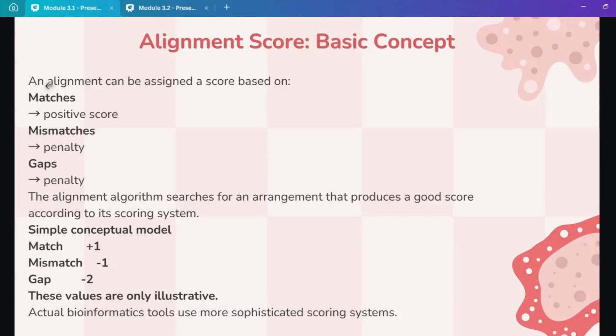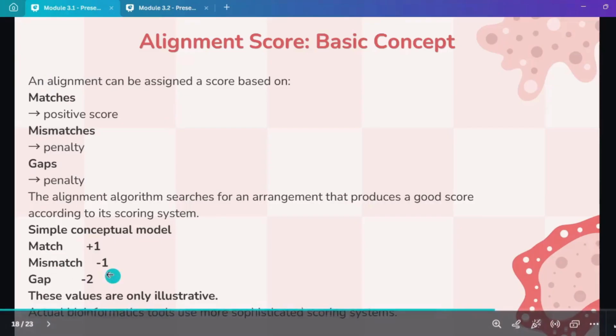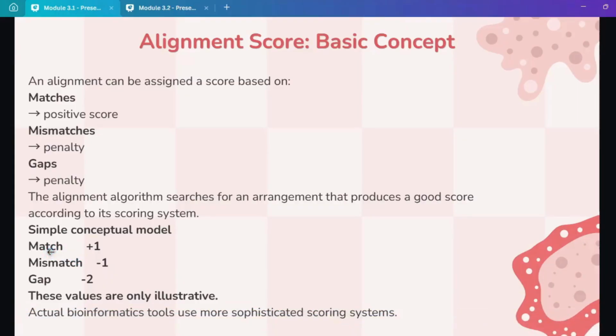How, I will tell you. This is a simple conceptual model, not the actual model. We are just doing illustrations. Suppose if there is a match between two sequences at one position, we assign +1 mark.